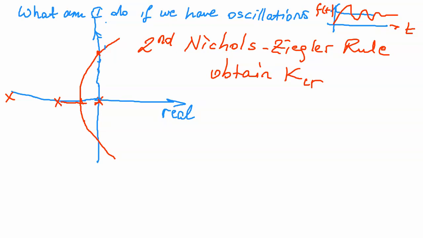What are we going to do? If you have a system like this, you are going to first obtain those points. One of them is this one. The other one is that one. The value of K is equal to Kc, the critical K value.